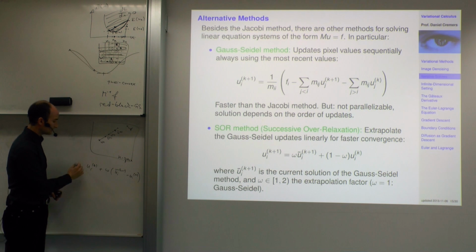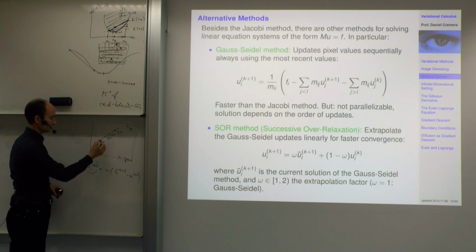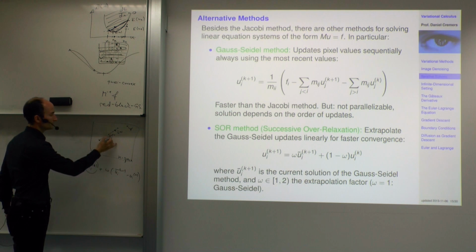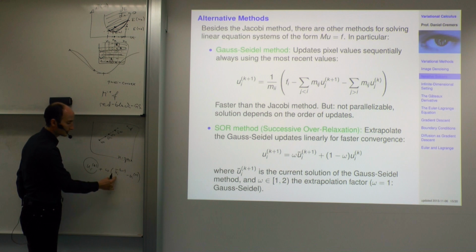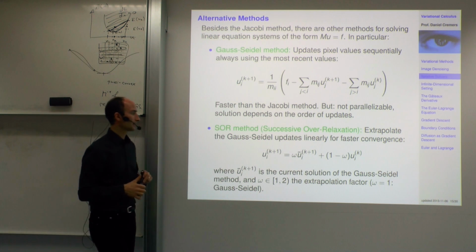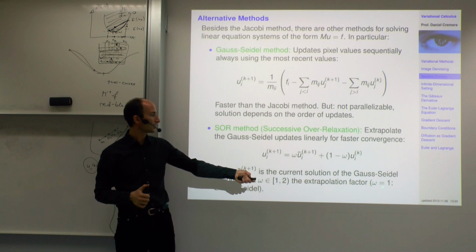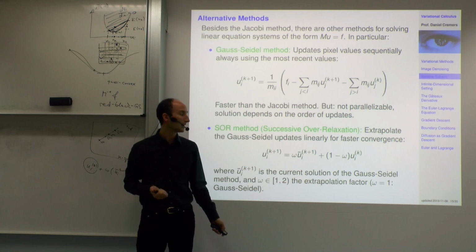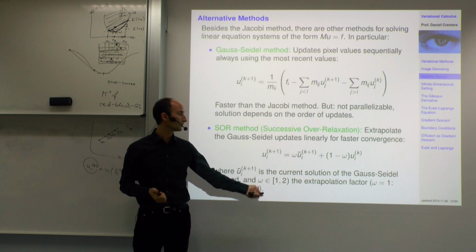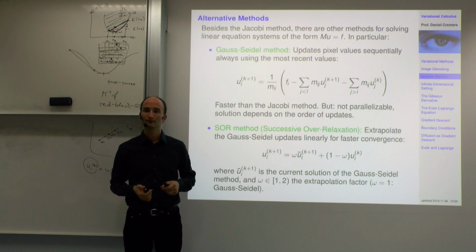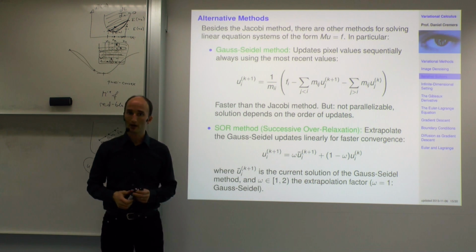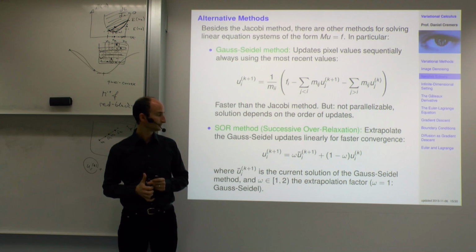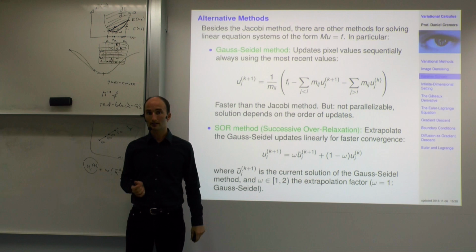So basically you take the old value, this is U_i^k, and then you take the update, this is the difference vector from the old value to the one that Gauss-Seidel told me, and then I take omega times that value. If you take omega equals 1, you do exactly the Gauss-Seidel update, and if you take omega larger than 1, you extrapolate. Theoretically, you could also take omega smaller than 1, of course, but typically that will not accelerate it, but make it slower.